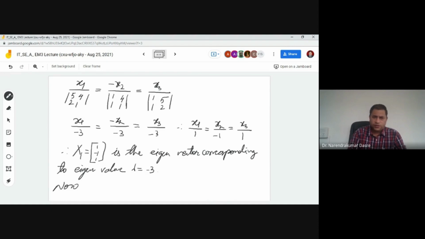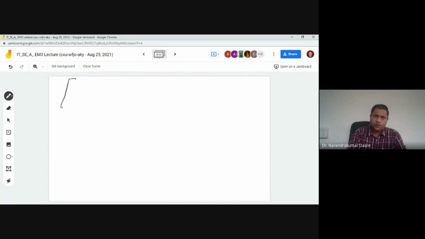Now we consider lambda equal to minus 6. So we have A minus lambda I into x equal to 0. Now the value of lambda is going to be minus 6. Let us put this value. It will be minus 2, then plus 6. You will be having 5 and 4, 5 and 4, 7 plus 6, 5, 5, and this is minus 2 plus 6.